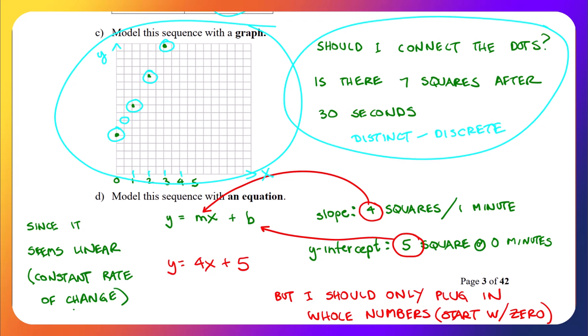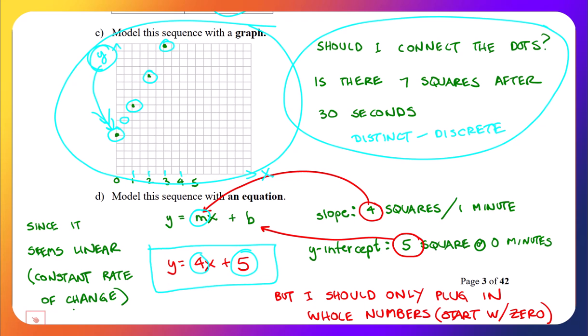This idea of the rate being the same sounds to me like slope, like we talked about before. And the beginning, if you look at it as a graph, is the y-intercept. And so if I say that the slope is 4 squares every minute, and we start at the 5th square, we can have this equation.